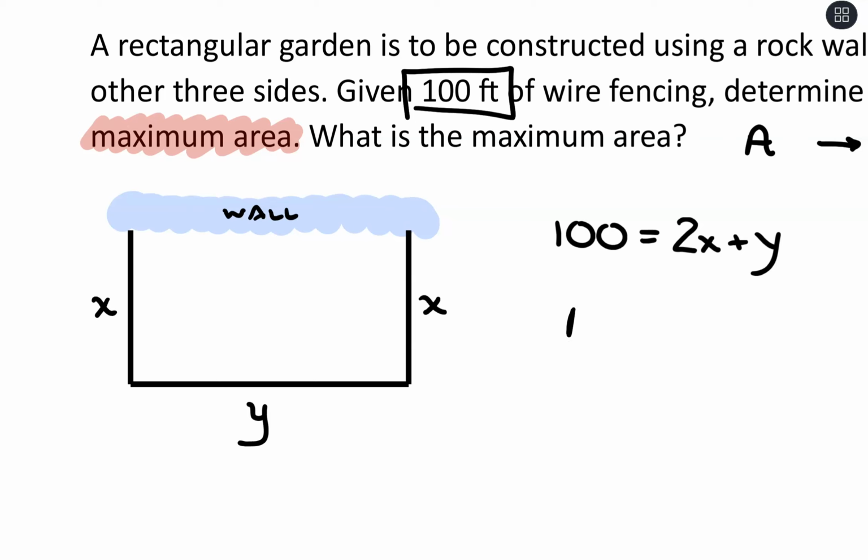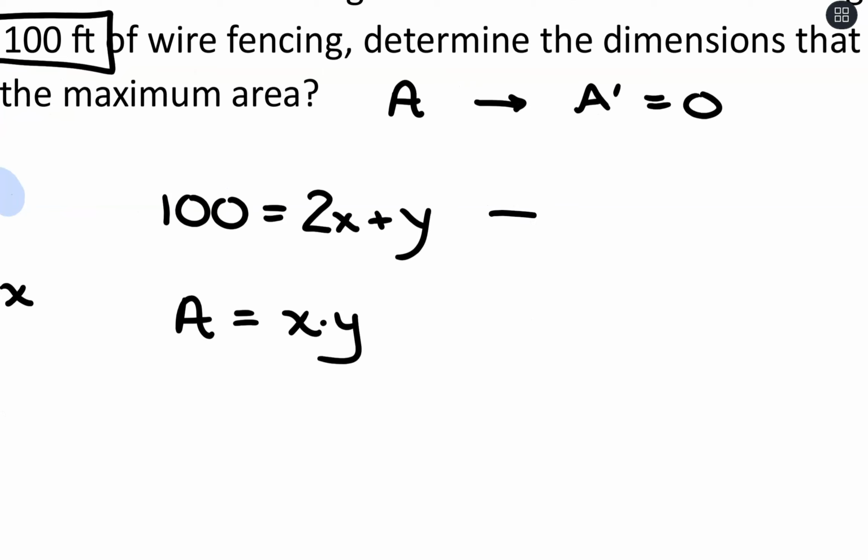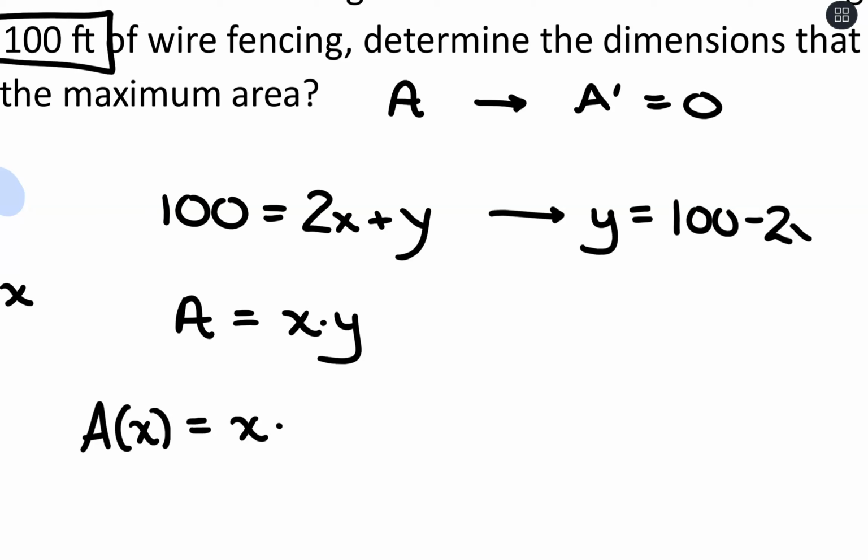What we want to do is talk about area, which is going to come from x times y. Now, working with that function of area, if we just use x times y, we're in a bit of a bind because we have so many variables. So instead, from that first equation that dealt with perimeter, I'm going to solve for y, so I could put everything in terms of a single function. If I want to call this A of x, I'll have x times, instead of y, 100 minus 2x, based on the relationship from the perimeter.